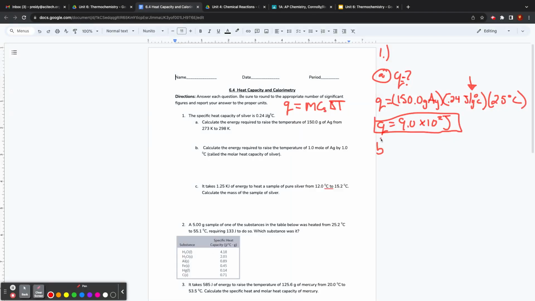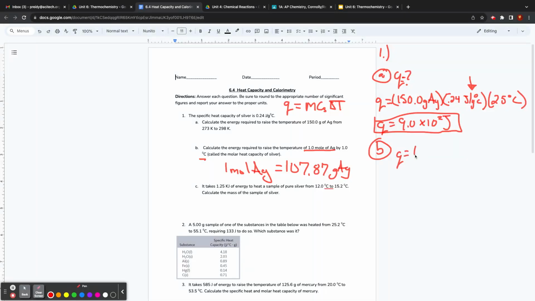B then is asking us the amount of energy required to raise the temperature of 1 mole of silver by 1 degree Celsius. Well, 1 mole of silver is equivalent to 107.87 grams of silver. That's the mass right off the periodic table. Again, I'm just going to plug these values directly into my equation.